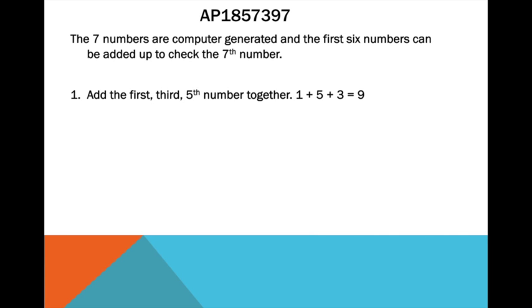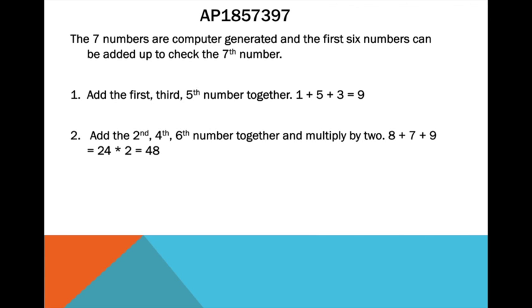First thing to do is add the first, third, and 5th number together. So in this example, we would add the 1 plus the 5 plus the 3. That gives us 9. Then we would add the 2nd, 4th, and 6th number together and multiply by 2. So 8 plus 7 plus 9 equals 24, times 2 is 48. Then we're going to add the 2 numbers together.